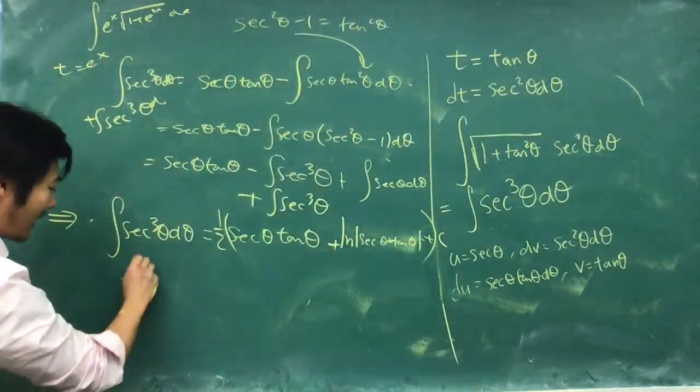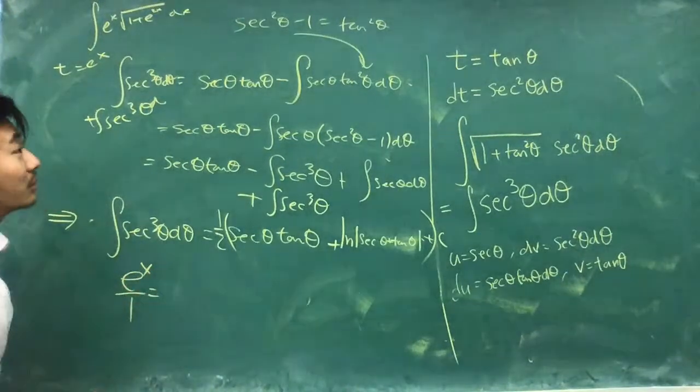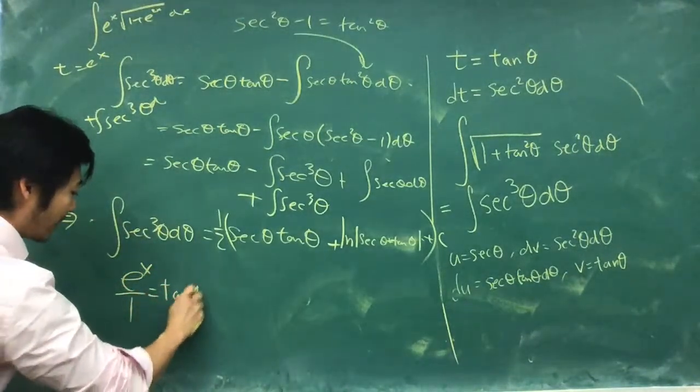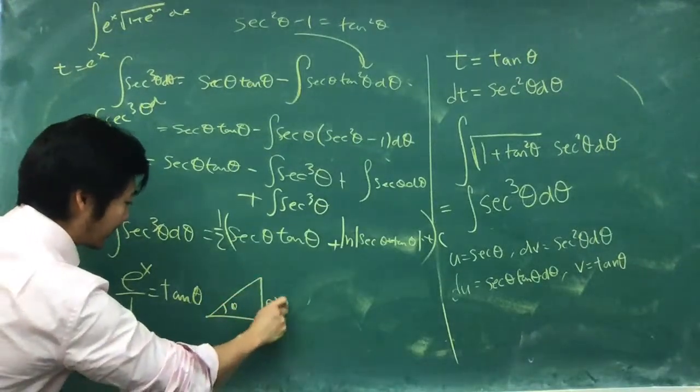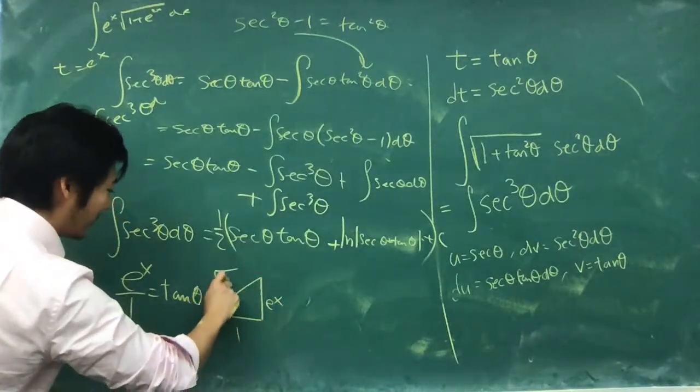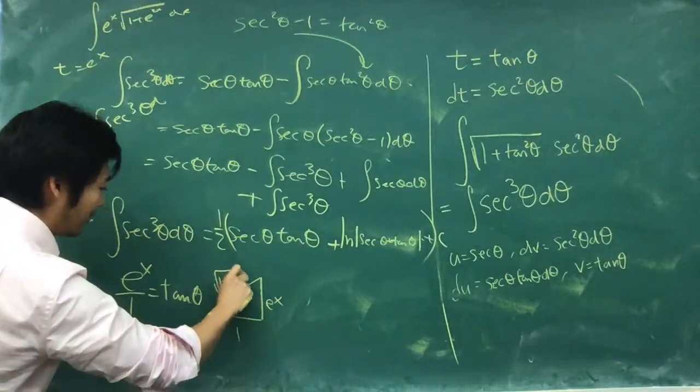So e to the x over 1 is equal to tangent theta. So this is the triangle with sides e to the x and 1, and the hypotenuse is the square root of 1 plus e to the x squared, so e to the 2x.